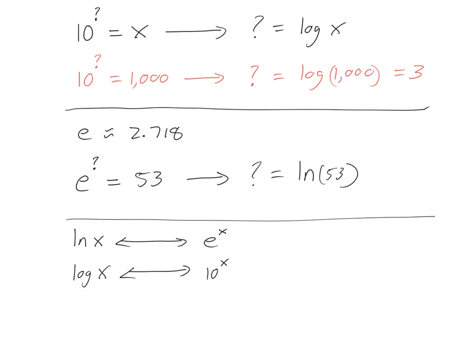Ln of x and log of x are very closely related, just like raising a number e to a certain power and raising the number 10 to a certain power. Those two functions are very similar to one another.